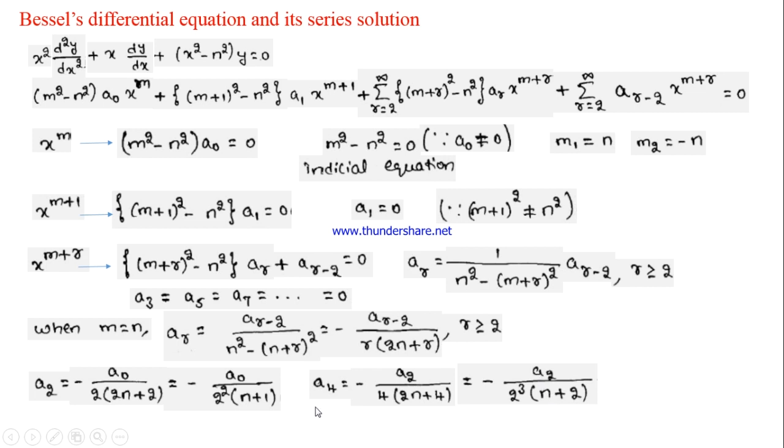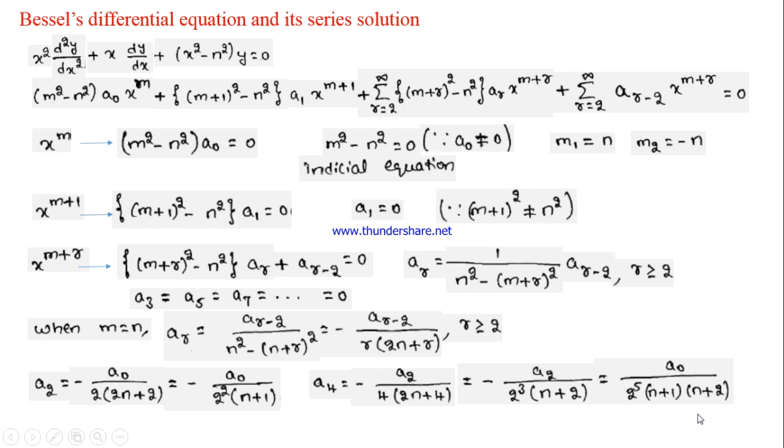But a2 is known to us. Substitute minus into minus plus a naught divided by 2 cube into 2 square. That becomes 2 power 5 into (n plus 1) into (n plus 2). In the same lines, we can find a6, a8, all these expressions in terms of a naught.